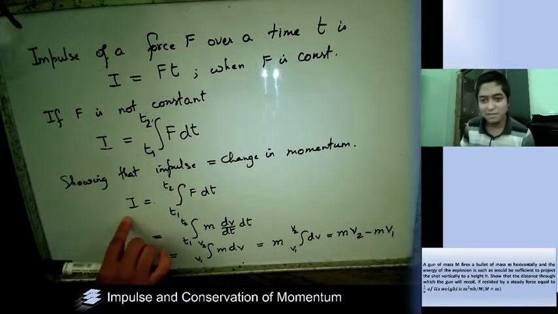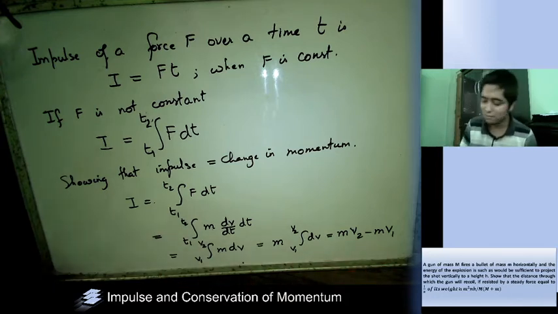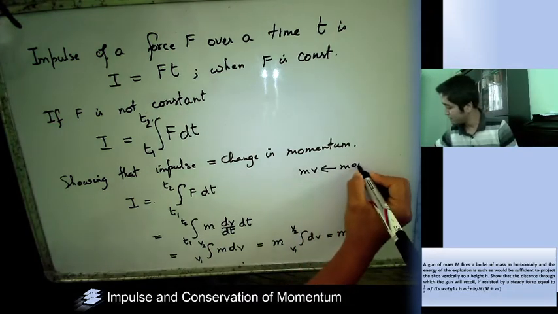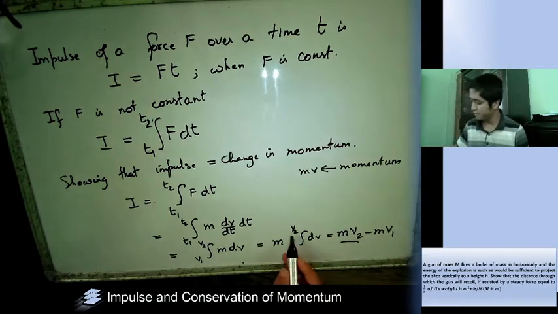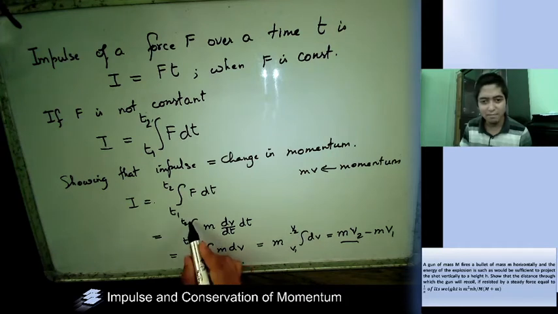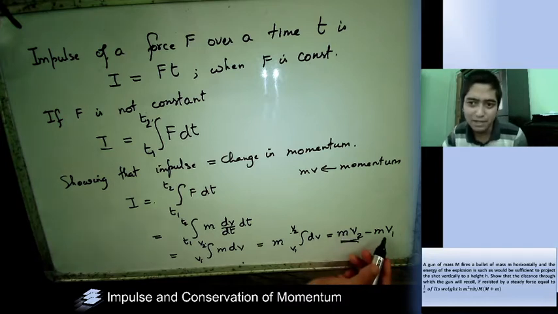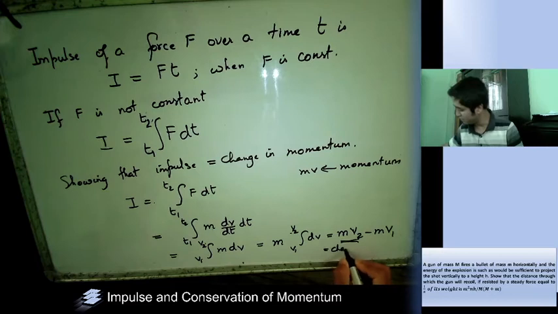Hence the impulse is equal to the change in momentum. mv is the momentum. v2 is the velocity at time t2 and v1 is the velocity at time t1, so mv2 is the final momentum and mv1 is the initial momentum, hence this is the change in momentum.